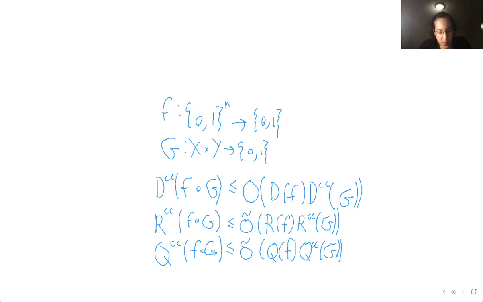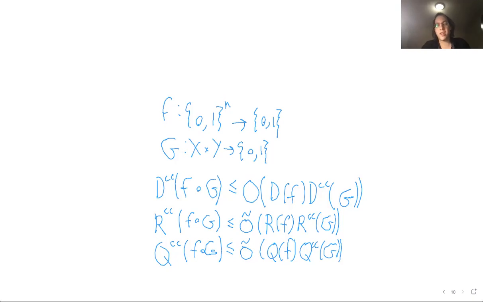So we already know that for AND on n bits, the randomized algorithm requires cost n. It takes n queries to compute AND on n bits. But we know that equality can be computed in O(1) or O(log n), depending on your choice of public or private randomness. So somehow we already know that this is going to fail.